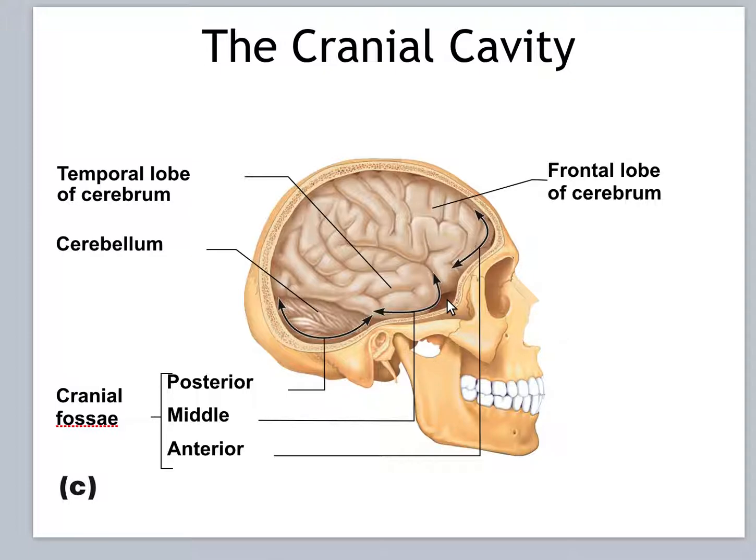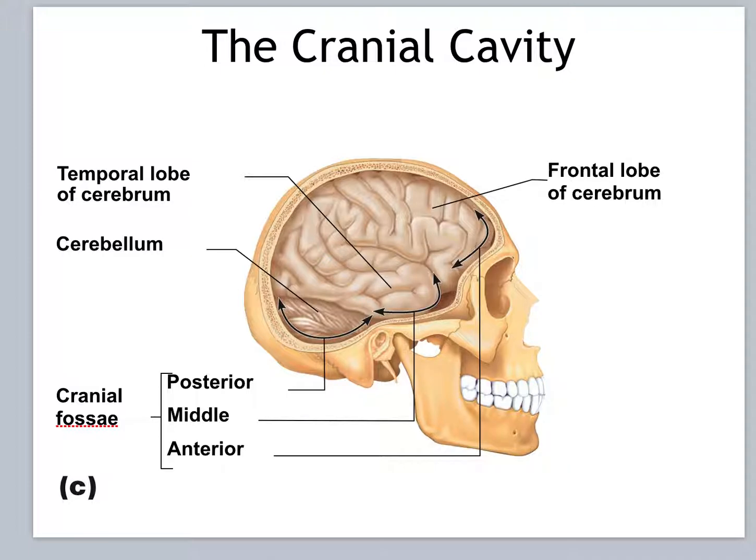So there's an anterior, middle, and posterior cranial fossa. Anterior accommodates this part of the cerebrum. The middle fossa accommodates this temporal lobe of the cerebrum, and the posterior fossa is to give the cerebellum room.